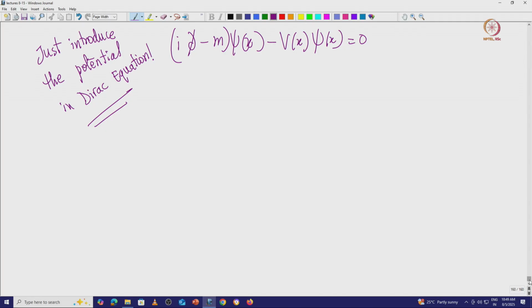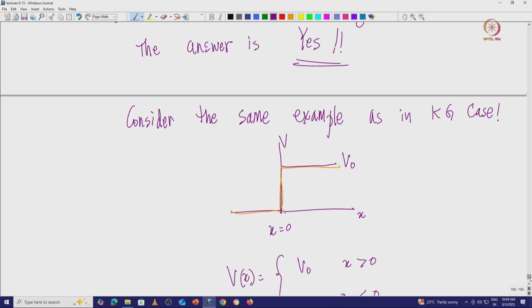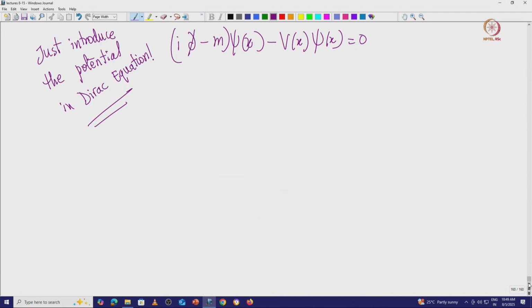You can start off by considering the same thing, and then you put in a wave function coming in from the left. Now consider only positive energy solutions.